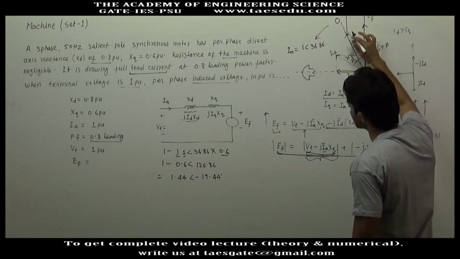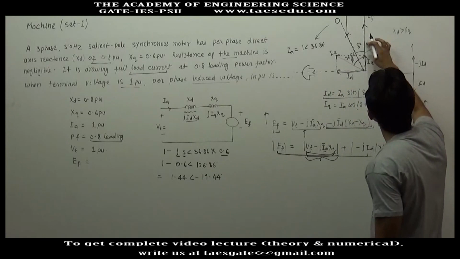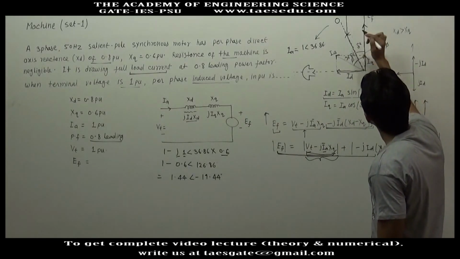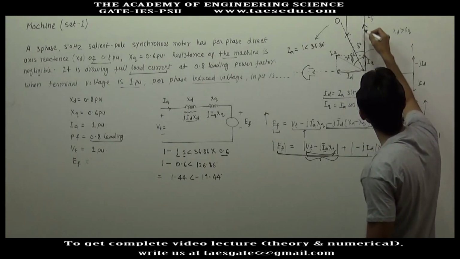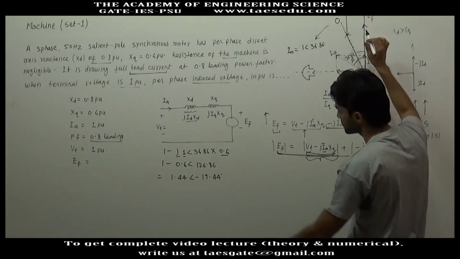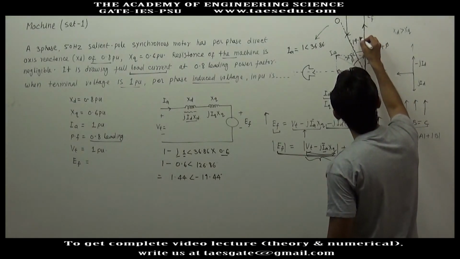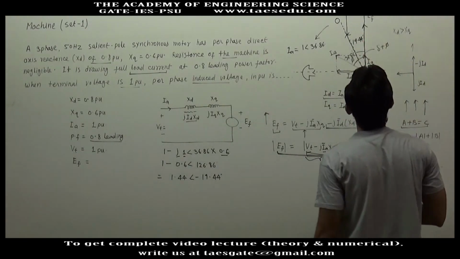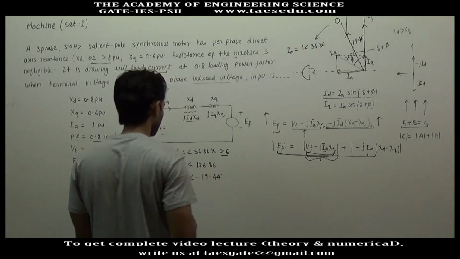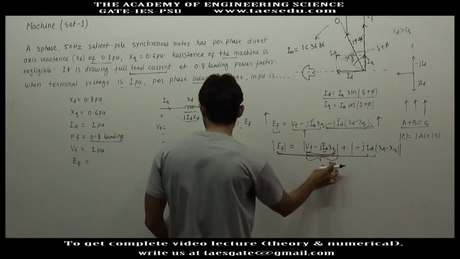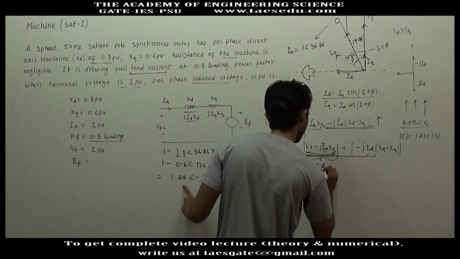Okay, negative sign here represents that this vector will be to the clockwise of the reference. So it is already in clockwise direction, and delta is 19.44 degree. Okay, and its magnitude is 1.44.